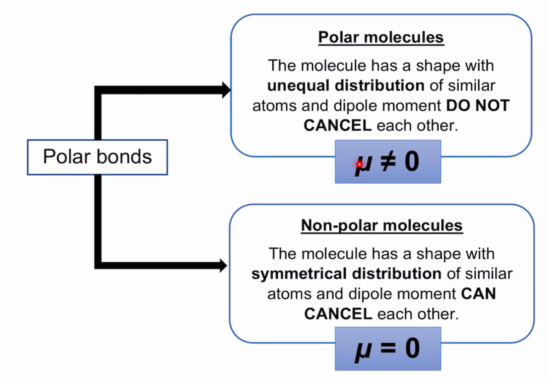So that's why mu is not equal to 0. Tapi untuk non-polar molecules, molecules itu mesti dalam bentuk symmetrical distribution between all atoms, dan the dipole moment can cancel out each other. So bila boleh cancel, nilai dia akan jadi mu equals 0.